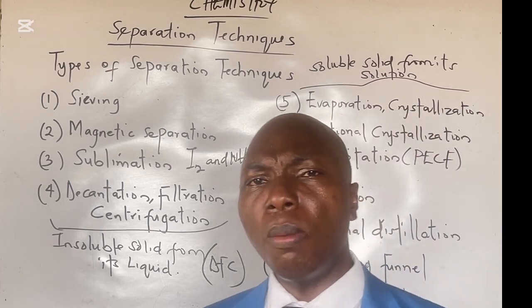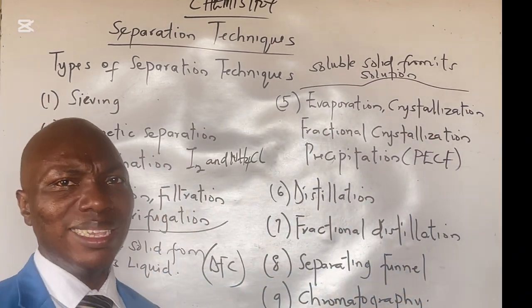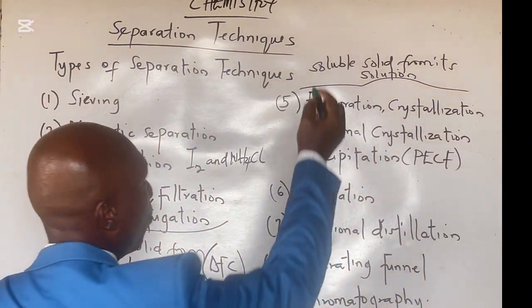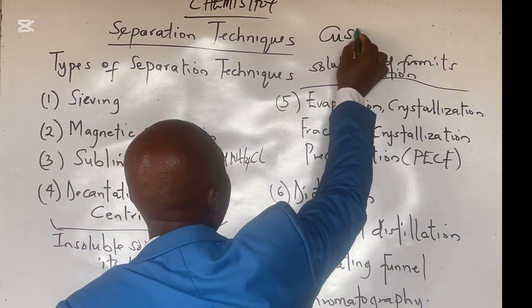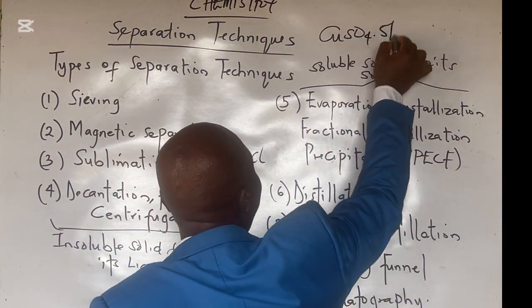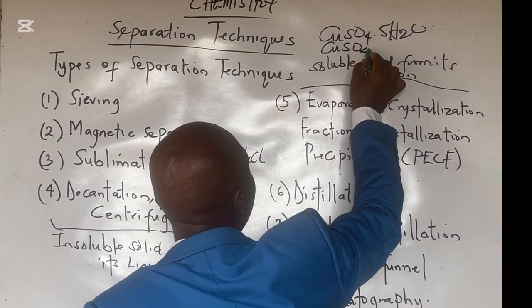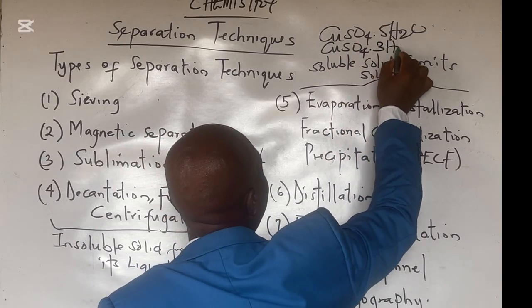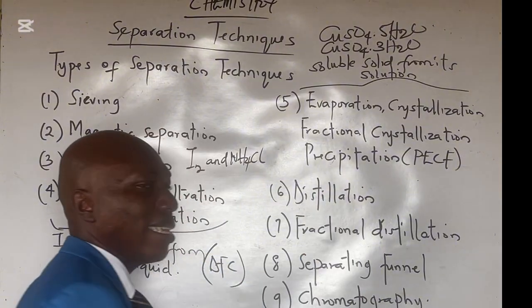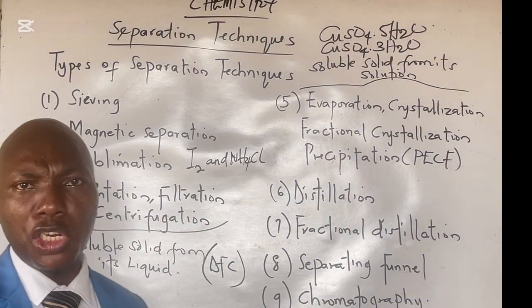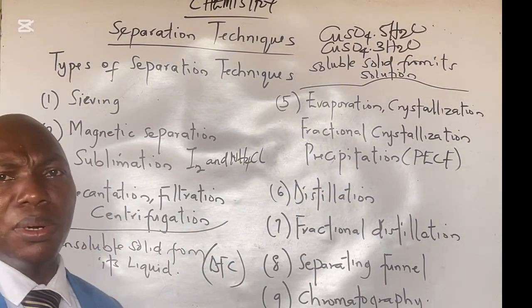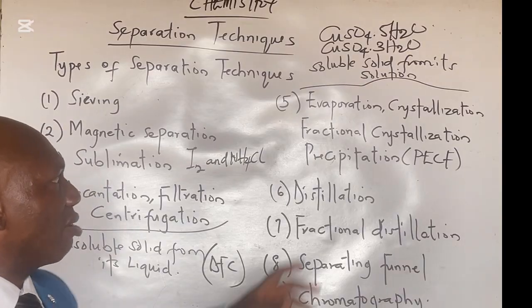Example is copper(II) tetraoxosulfate(VI) pentahydrate. Example, copper sulfate pentahydrate. Another one is copper sulfate trihydrate. All these substances have their water of crystallization, and they can easily be separated using what?